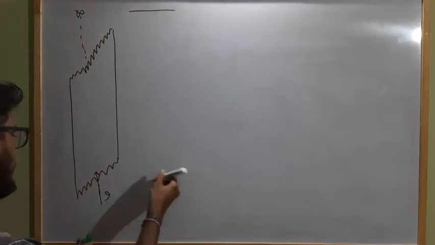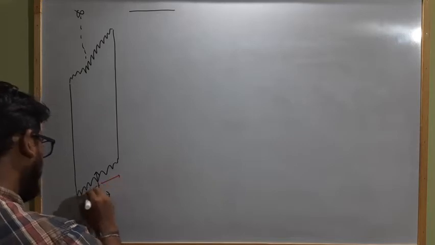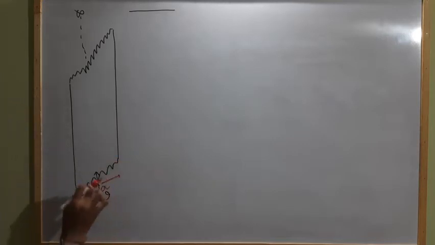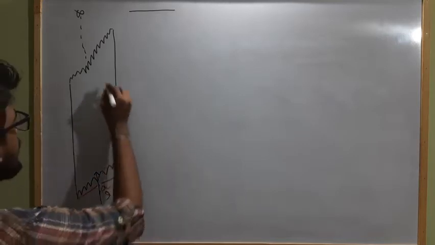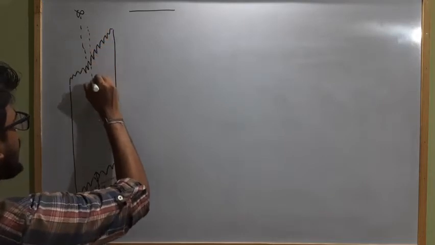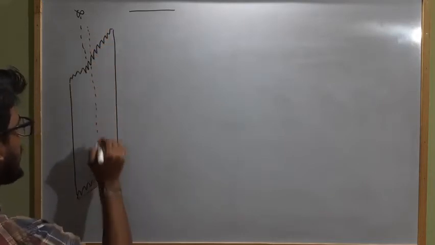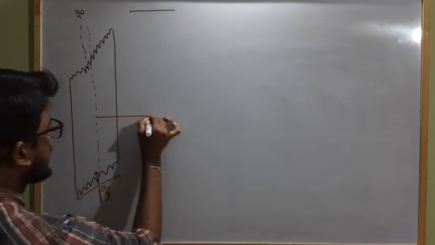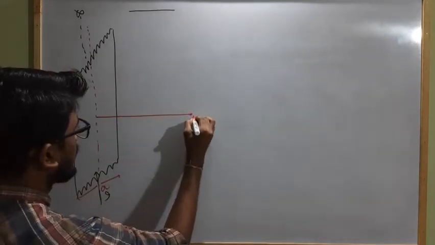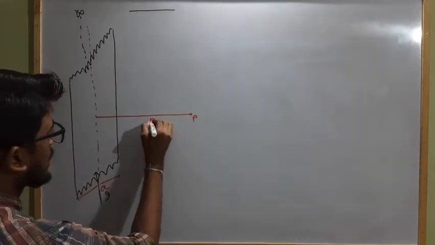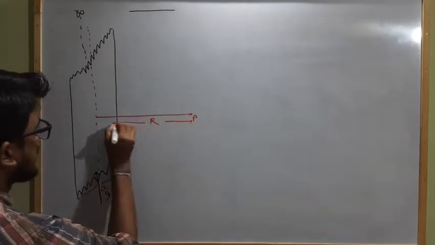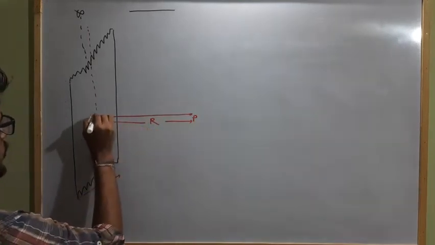The width of this sheet is given as A, and the thickness is negligible. From the bisector of the sheet, at a perpendicular distance, there is a point P which is at a distance r. Let this point be O, 90 degrees.